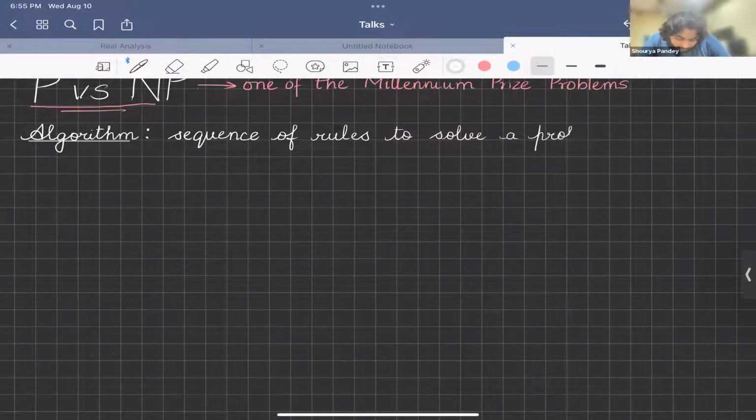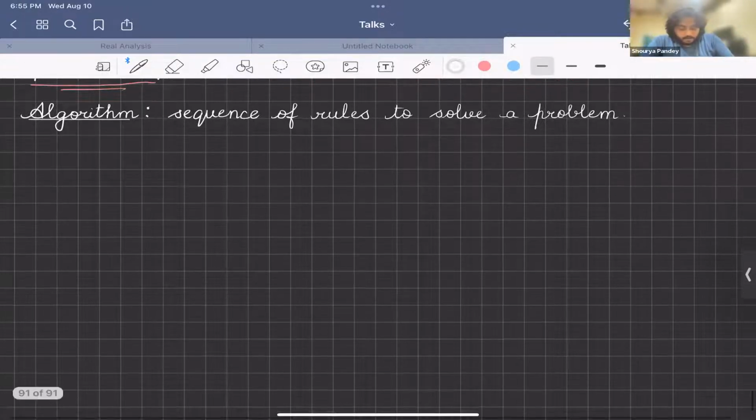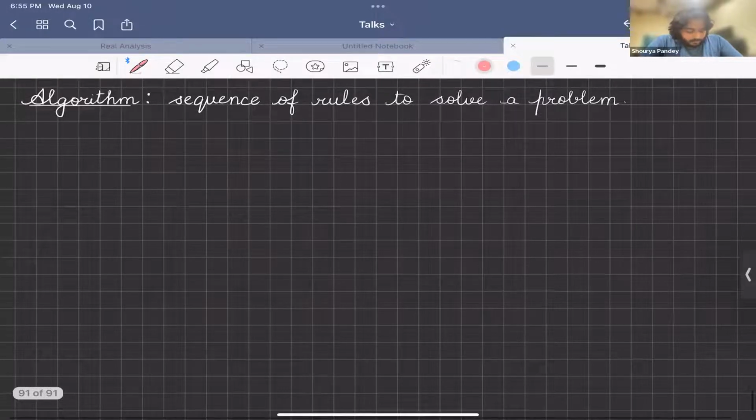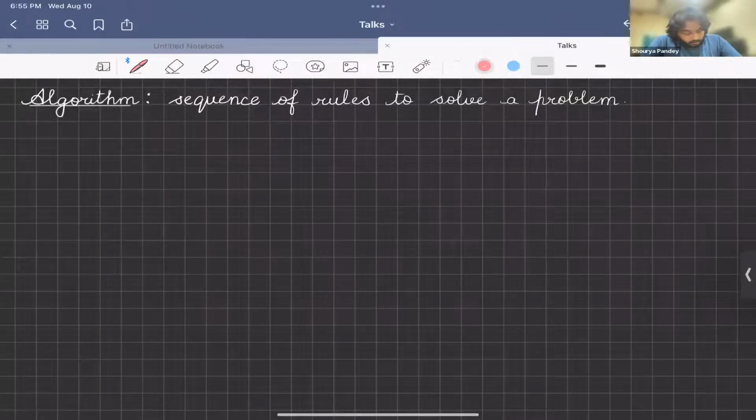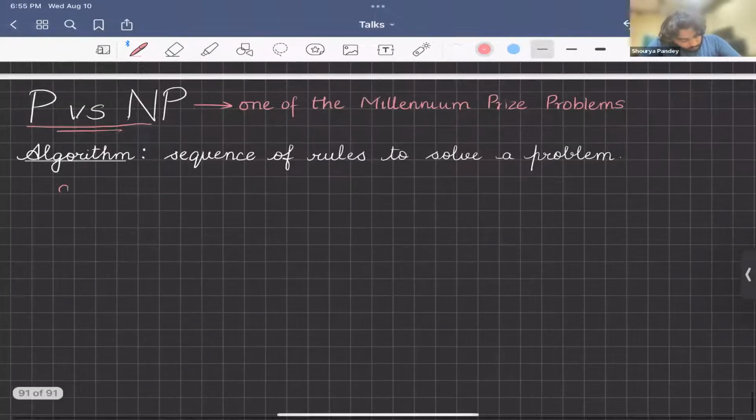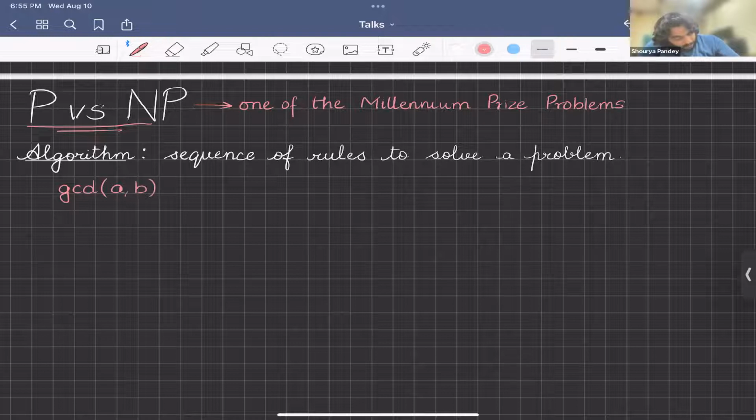So it seems vague, but let's look at an example, this famous example of GCD. So we have GCD of A and B. Let's say A and B are naturals. What is the method to find the GCD?